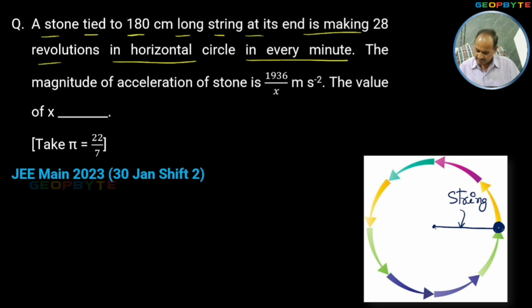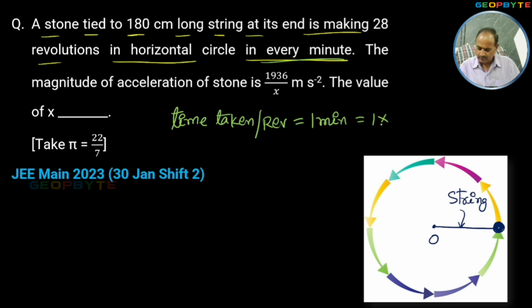This is the center of the circular motion. What is the time taken for each revolution? Time taken per revolution is 1 minute, which is 60 seconds.